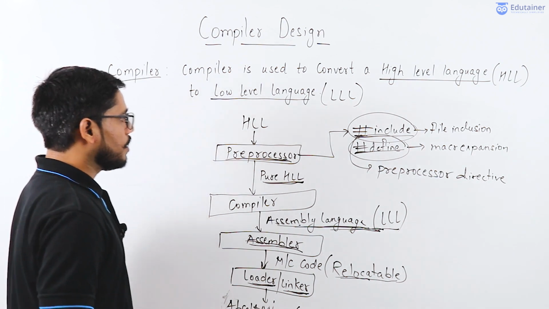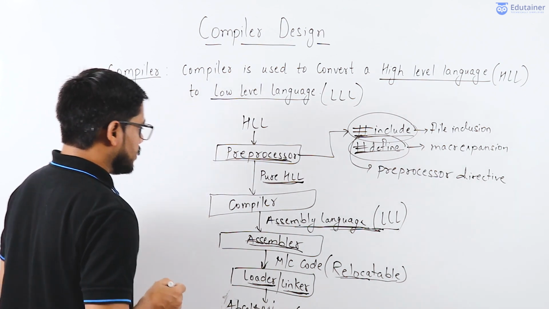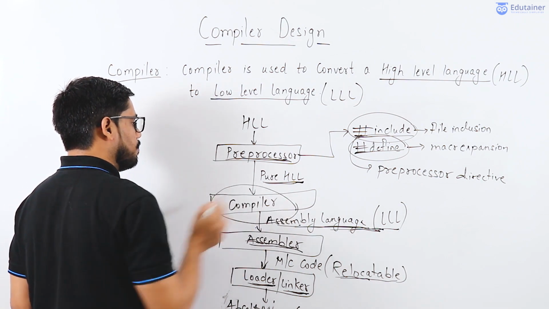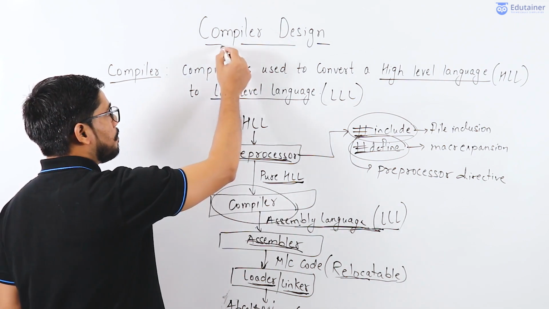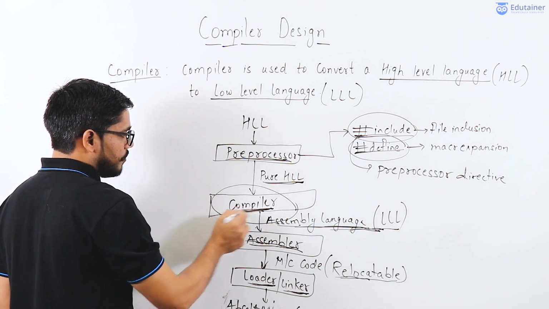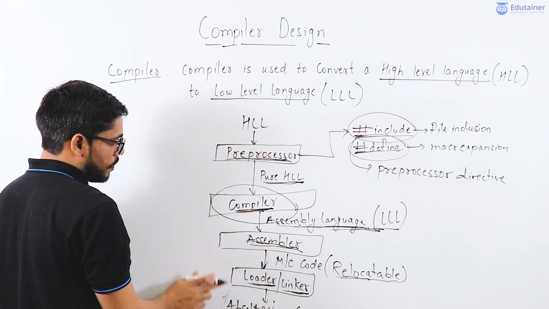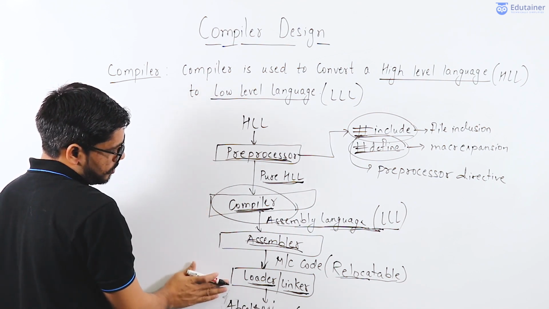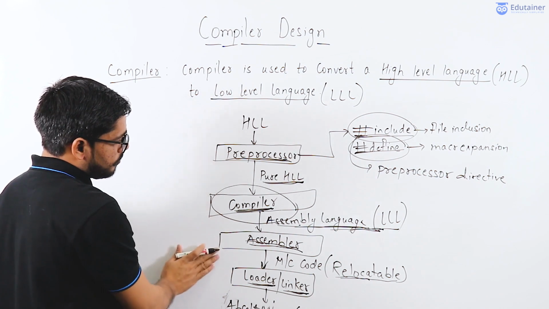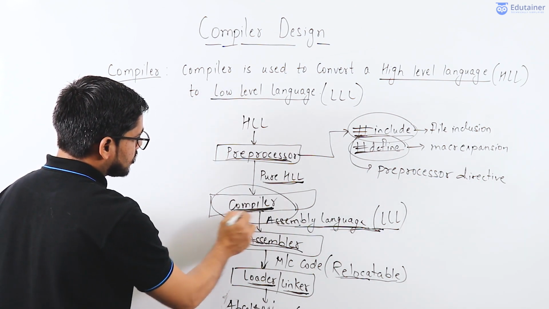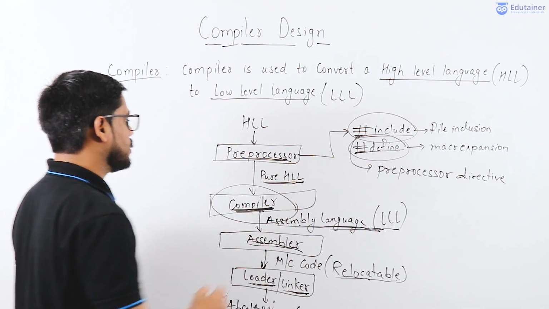The important point here is that we only study the compiler, because in compiler design we focus only on the compiler phase, not all the phases. I will not give you much detail on the other phases, but I will give the details of the compiler phase.